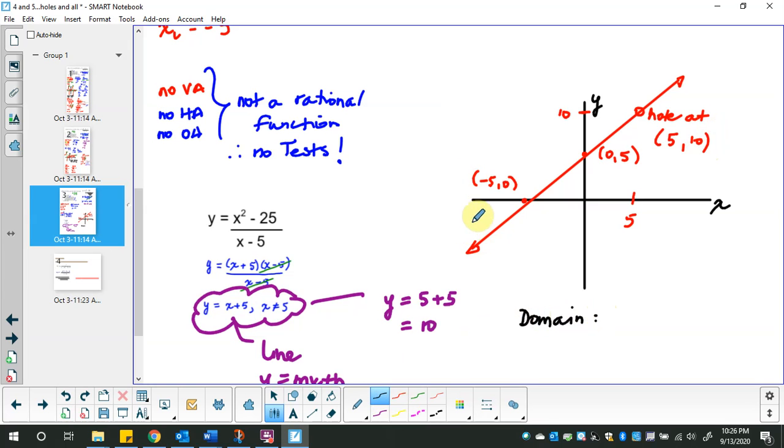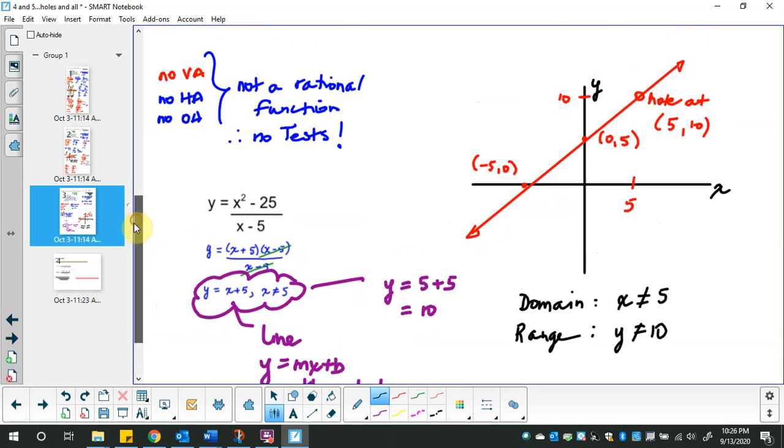Do we hit all the x's? Yes, yes, yes, yes, yes, yes, yes. Hop over 5. Range. Do we hit all the y's? Start at the negatives. Yes, yes, yes, yes. Hop over 10. Okay, so we are done this.